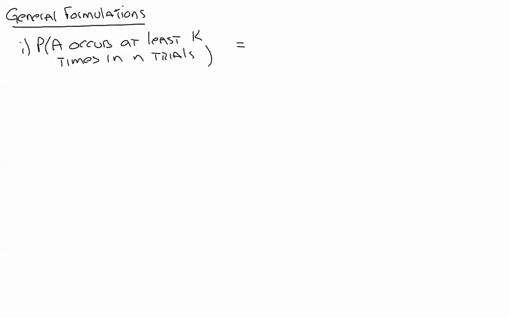I've got 4 I'm going to write down. First one is the probability that A occurs at least K times in N trials equals the summation, I equals K to N, of P sub n of I. All right.